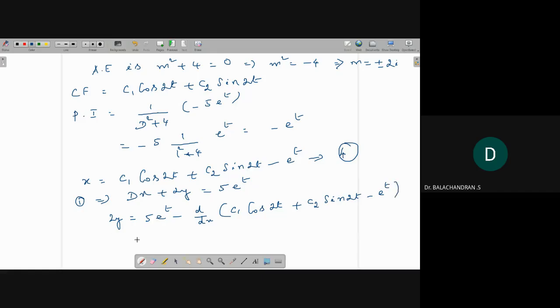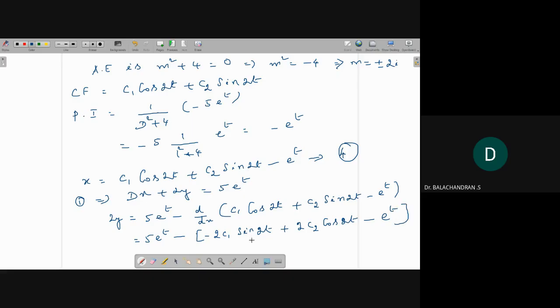So 2y equal to 5 e power t minus the derivative. If you differentiate this, you'll get minus 2 c1 sin 2t plus, if you differentiate sin 2t, you'll get 2 c2 cos 2t, minus e power t.